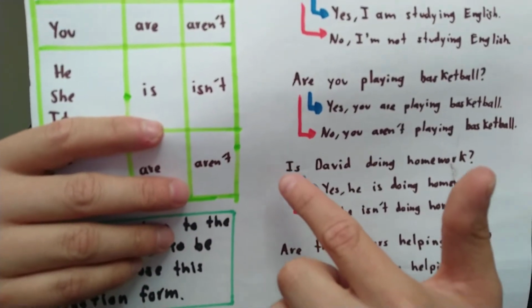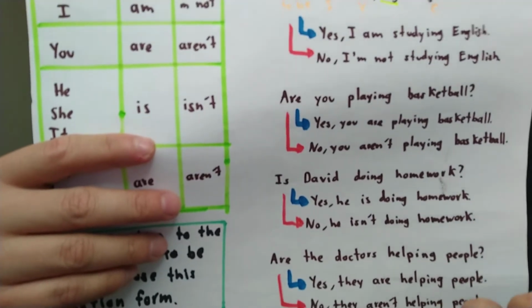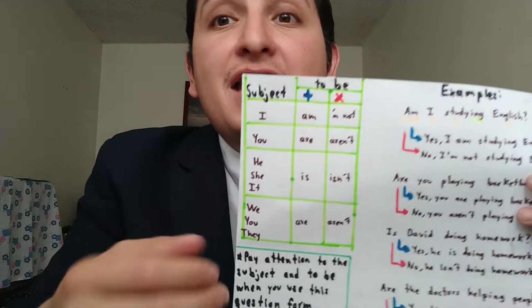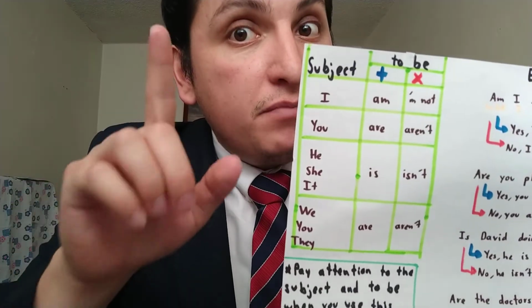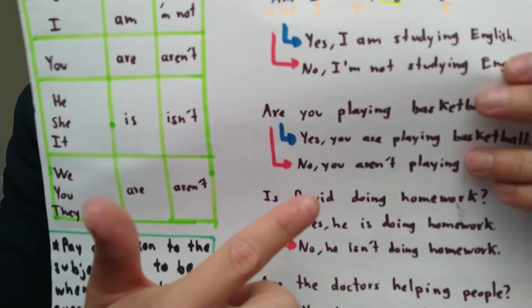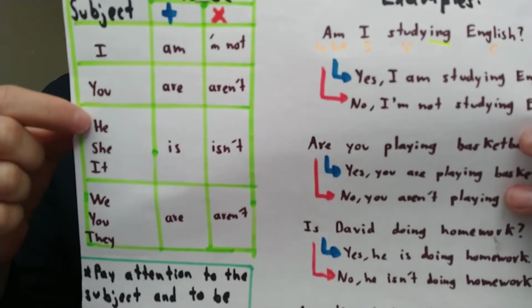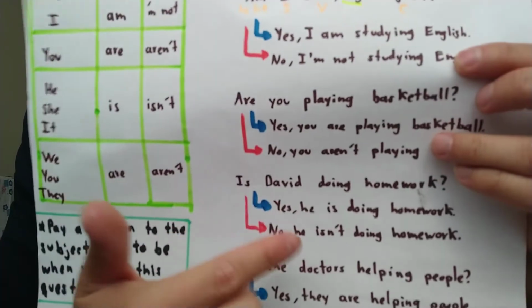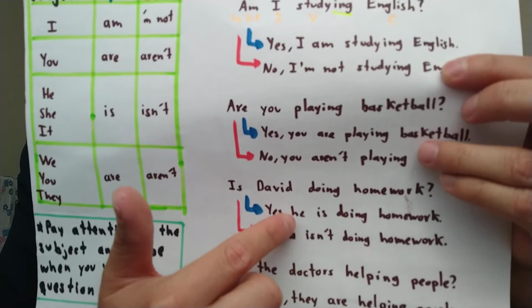Another one. Is David doing homework? David. Remember that sometimes we can change the pronouns for different words, but the answer will be different. Pay attention. David, it's a boy, so that means I am talking about he. So that's why instead of repeating the name, I can change it by a pronoun.